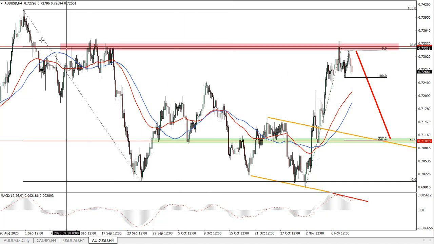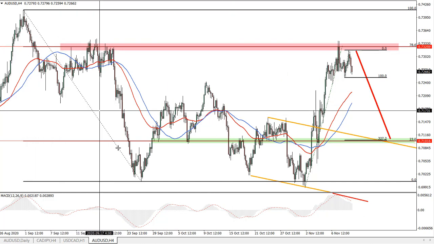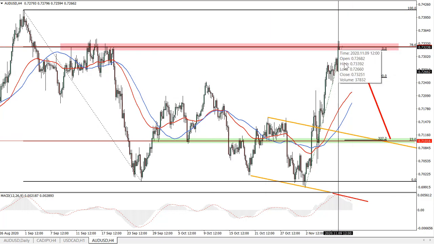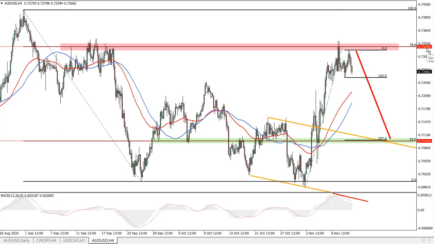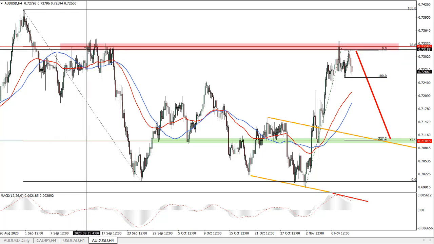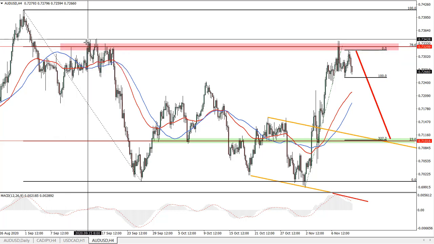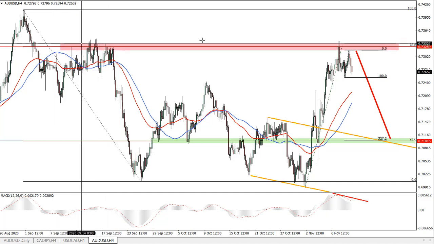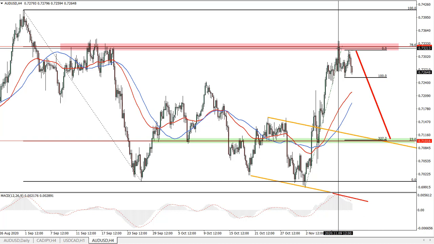Basically, what we had is applied fibs to this overall correction to the downside, and what I've spotted is the clean rejection of the 78.6 fibs at 0.7326. This level previously acted as the resistance, as you can see, and hasn't been broken because there were only spikes. There was this spike, and then price failed to close above this spike. So it was a valid resistance which has been rejected yet again.